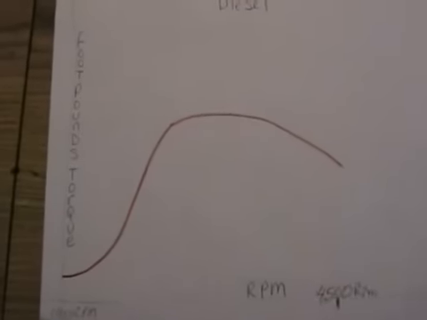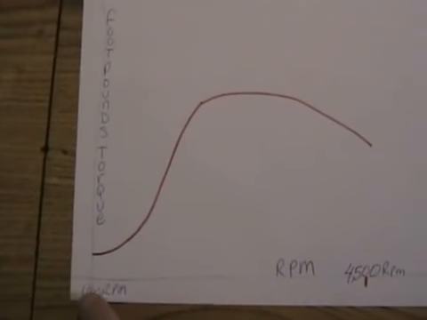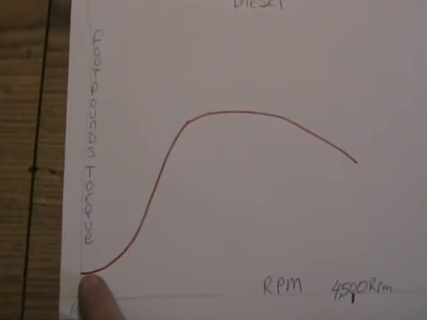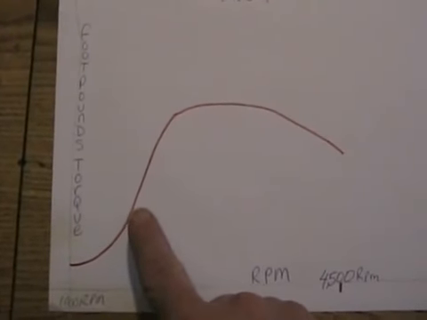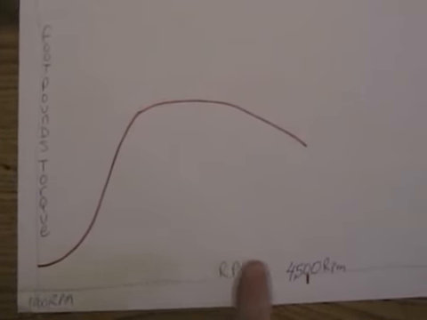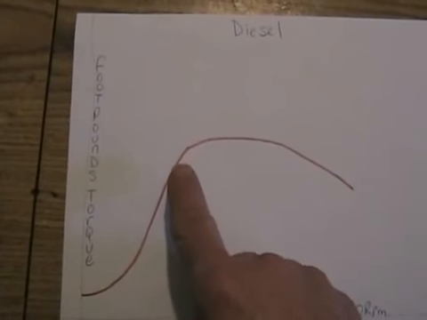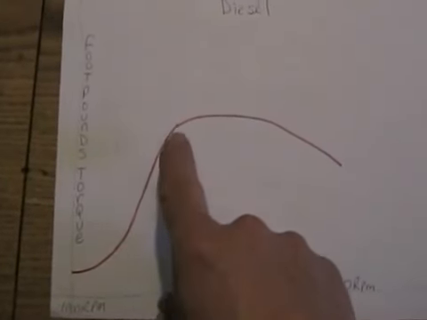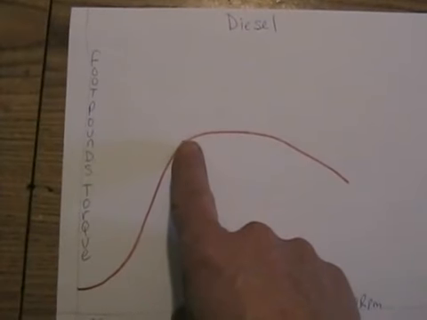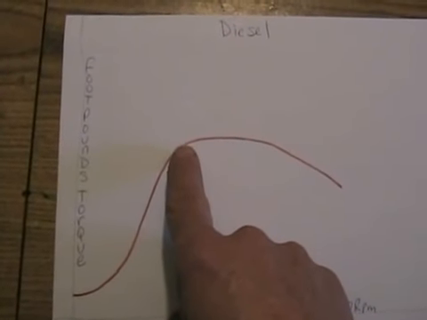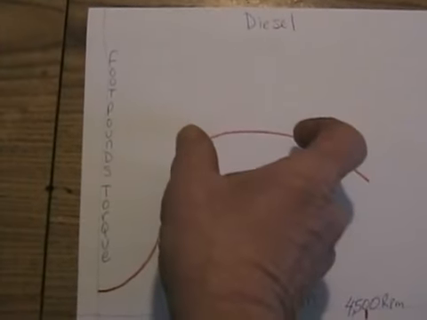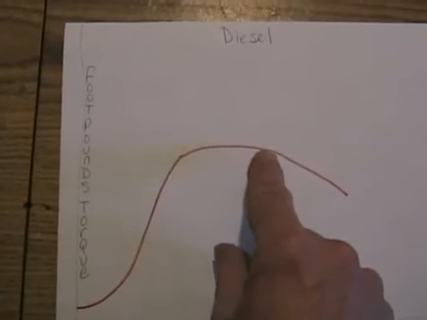If you have a diesel engine, starting off from 1,000 RPM again, very quickly the torque curve rises, much quicker than the RPMs rise, and at a low RPM, like maybe only 1800 or 1900 RPM, you've already hit maximum torque. And on a diesel, the maximum torque range is kind of narrow, and it's also kind of flat.